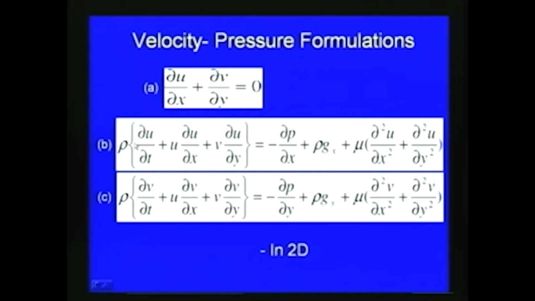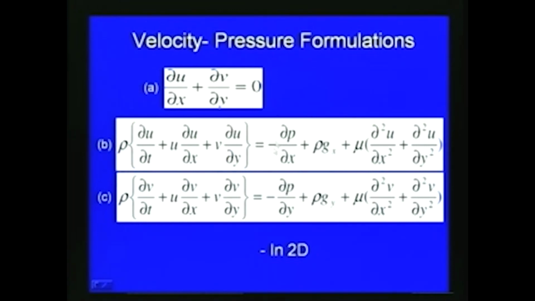Here the equations are rho into del u by del t plus u into del u by del x plus v into del u by del y is equal to minus del p by del x plus rho g x plus mu into del square u by del x square plus del square u by del y square, and the third equation is rho into del v by del t plus u into del v by del x plus v into del v by del y is equal to minus del p by del y plus rho g y plus mu into del square v by del x square plus del square v by del y square.